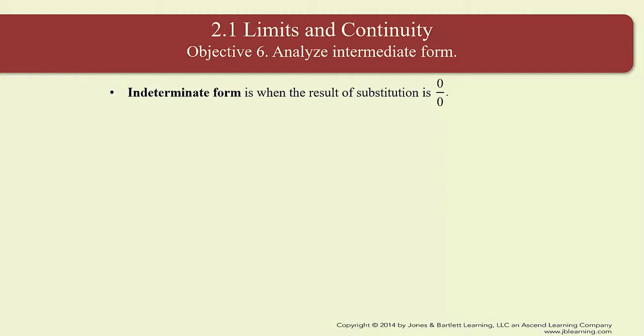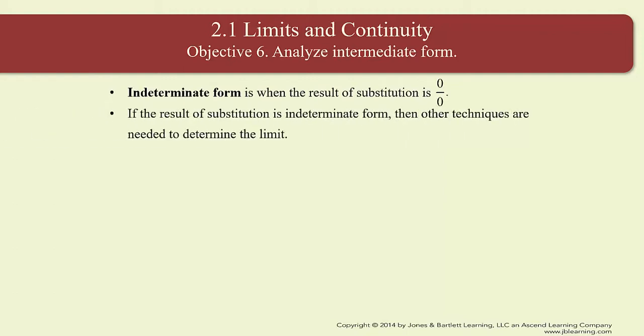In fact, if you do that substitution for the very first example we did of this slideshow, it would be 0 over 0. So here's what we do. If you try substitution and you get the indeterminate form 0 over 0, you have to do another technique to determine the limit. Sometimes I just call this algebra magic.